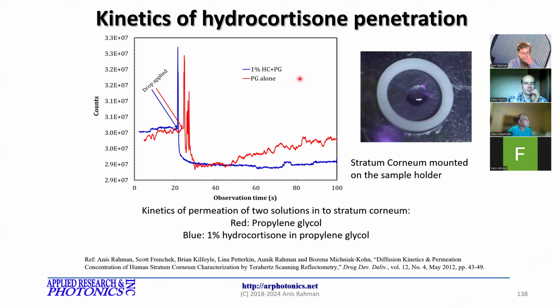So meaning that we are trying to quantify the permeation of hydrocortisone, which is a molecule dissolved in propylene glycol, because those are the kind of formulation they use in practical topical solutions and stuff like that.